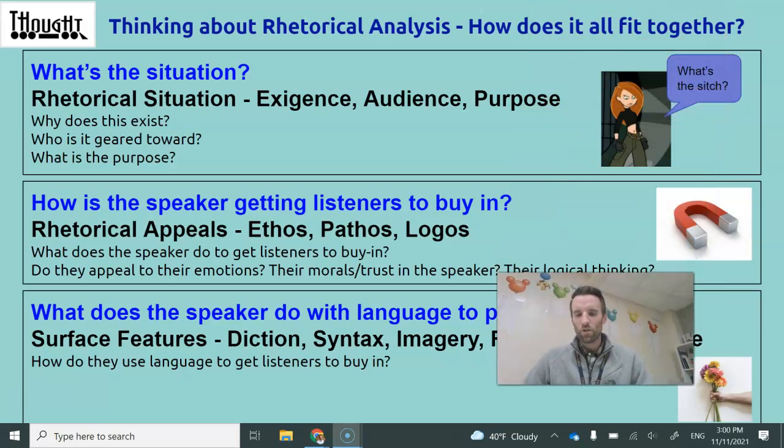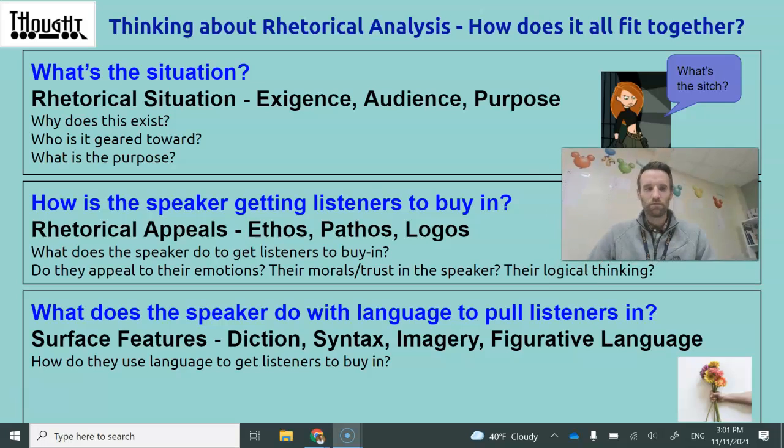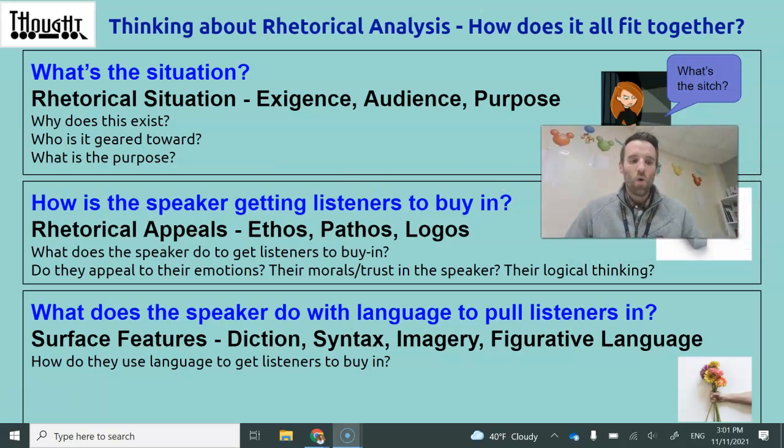So how does all this rhetorical analysis fit together? Well, check it out. We started with the situation. Why does the text exist? Who is supposed to read it or hear it? What's the purpose of it? Those are the big ideas. Then we look a little closer at the text and we say, what is the appeal? How is the author trying to persuade? Ethos, pathos, or logos? And now we're looking really closely at the text.